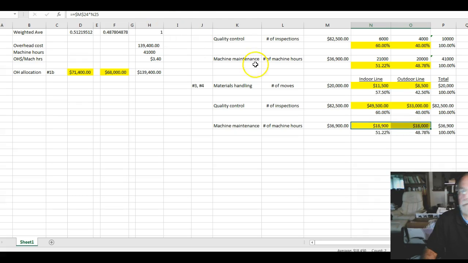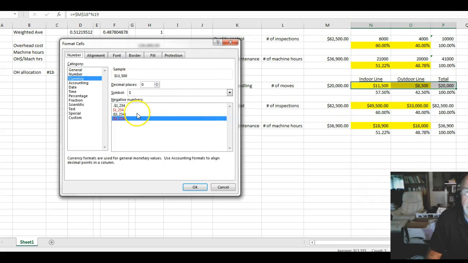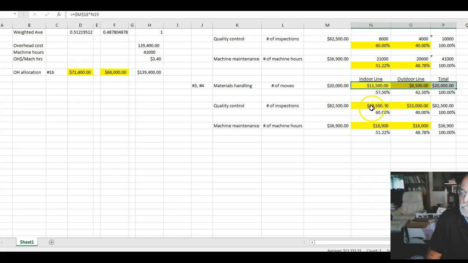And you know what I didn't do here was I didn't use 2 decimal places. I should probably make that consistent, showing 2 decimal places.